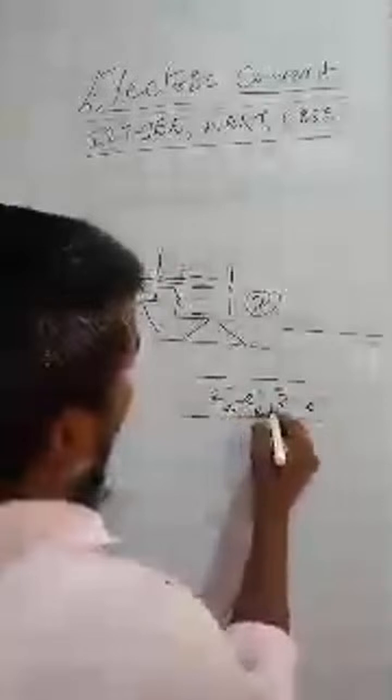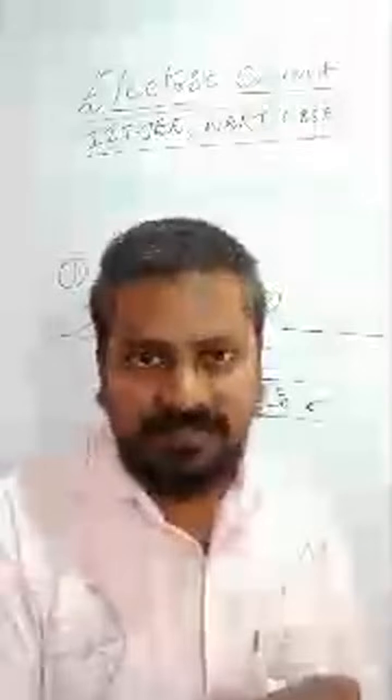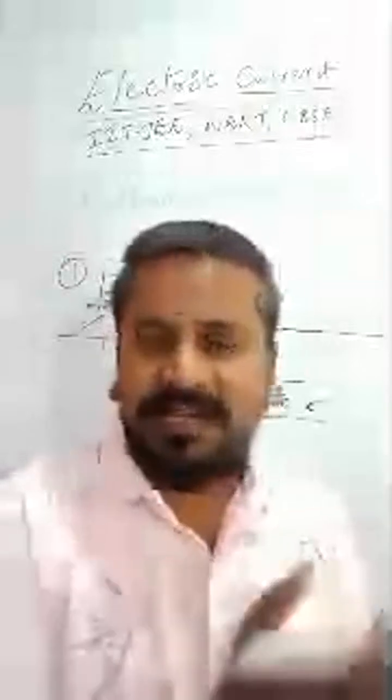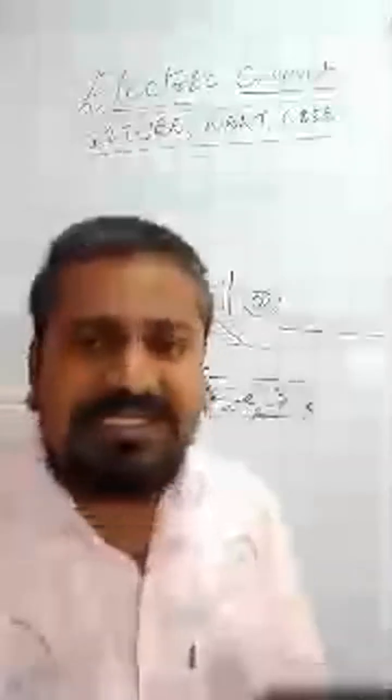Even though the electrons are there, they are not moving because there is no difference. Normally, temperature will move from a higher temperature region to a lower temperature region. But here electrons will not move because there is no electrical pressure difference.